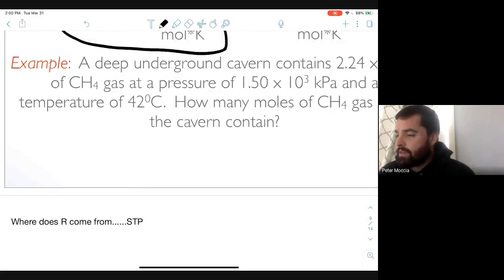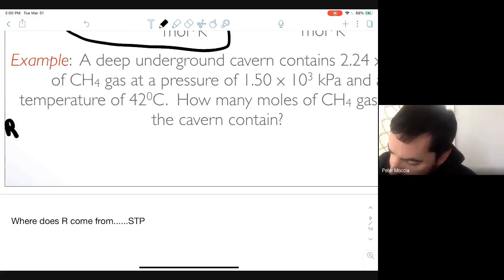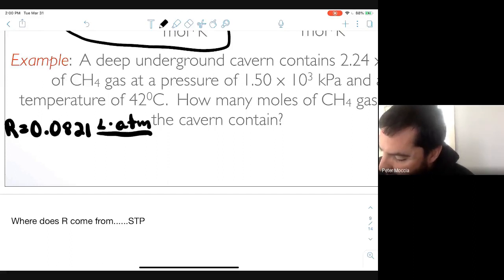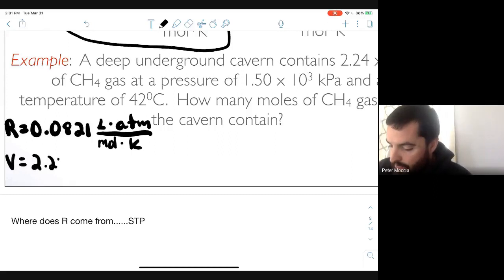First things first, right? Always, if you have an ideal gas problem, R is equal to 0.0821 liters times atmospheres. And yes, I want you to write the units over moles times Kelvin, okay? We're also given the volume. The volume is 2.24 times 10 to the sixth liters.